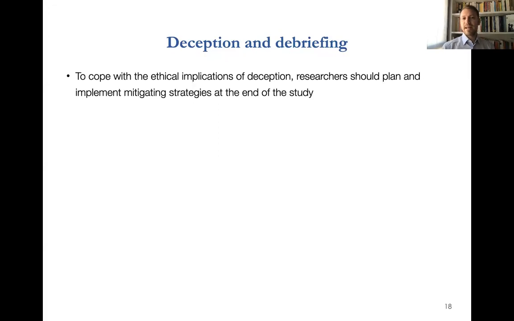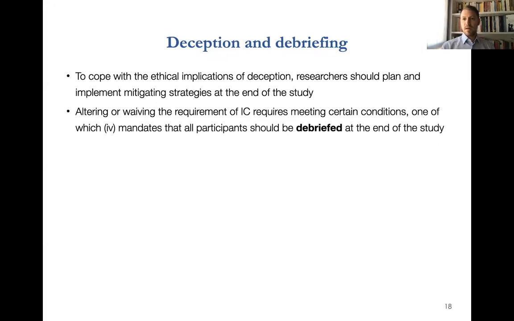So to cope with the ethical implications of deceptions, researchers should plan and implement in advance mitigating strategies at the end of the study. As we have seen, altering or waiving the requirement of informed consent requires meeting certain conditions, one of which, the last one, mandates that all participants should be debriefed at the end of the study.